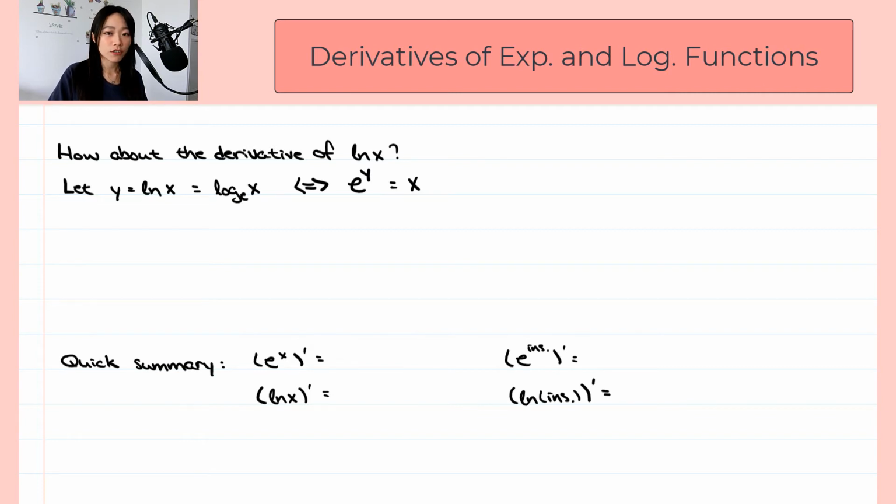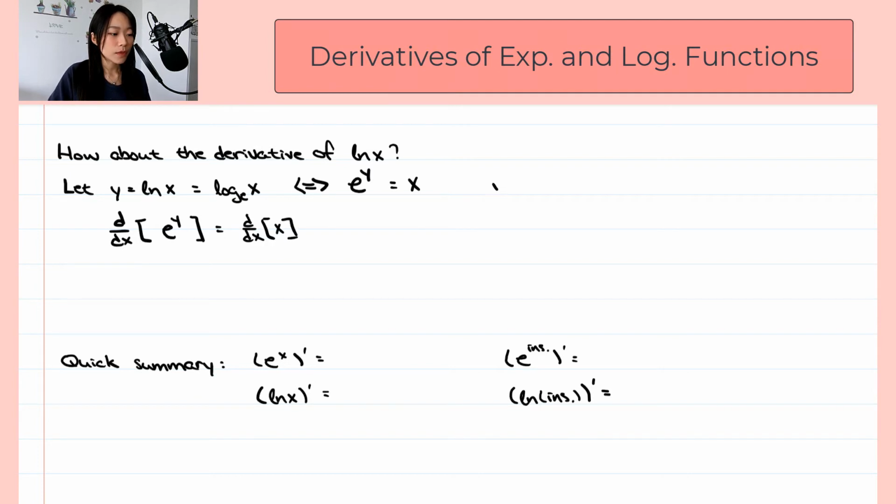Now, in the last lecture, we talked about implicit differentiation. If you want to review the lecture, I'll put the link up there. So when we have an equation that implicitly defines a function for y, then we can use the technique of implicit differentiation by taking the derivative on both sides and finding y prime. So let's take the derivative on both sides. Derivative of e to the power of y equals derivative of x.